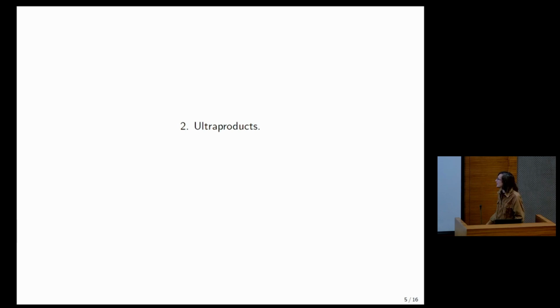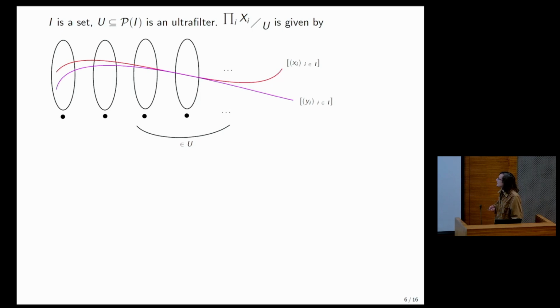One will be ultra products, the other one will be realizing types. So this is an ultra product. You have a set, and over each point there is an index set, and in each index there is a set, and you consider choice functions up to the equivalence that they coincide on some ultra big set. That's the ultra product.